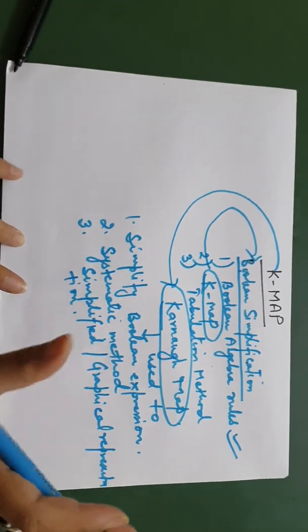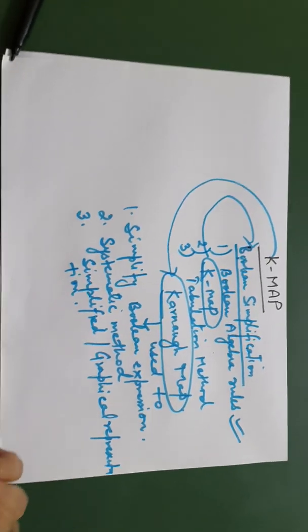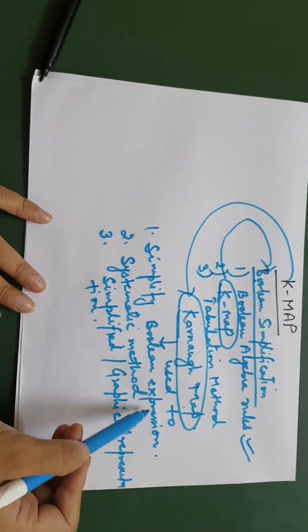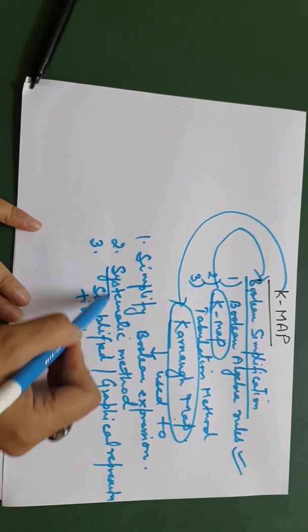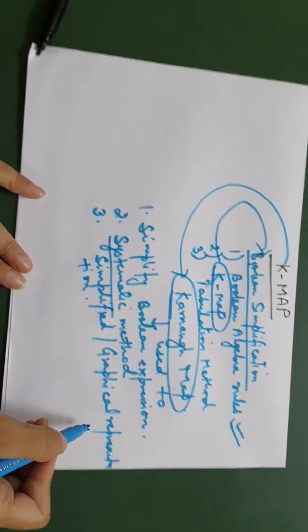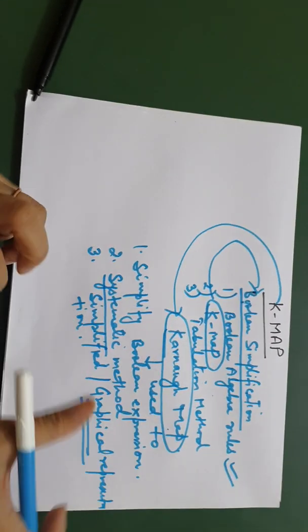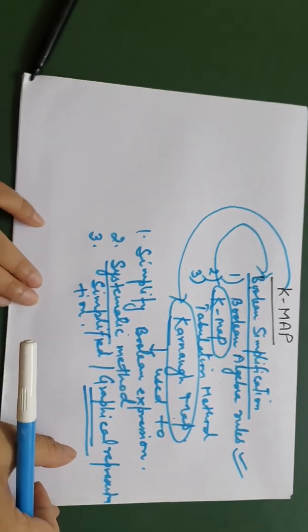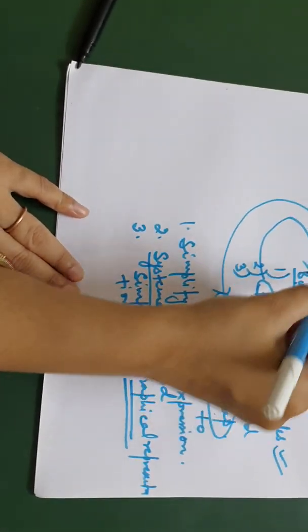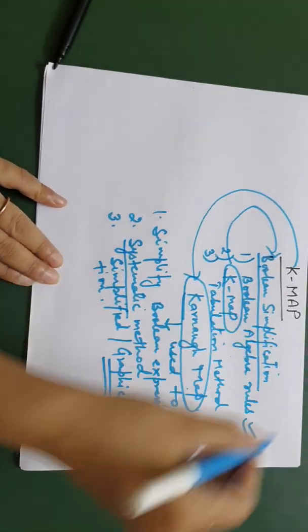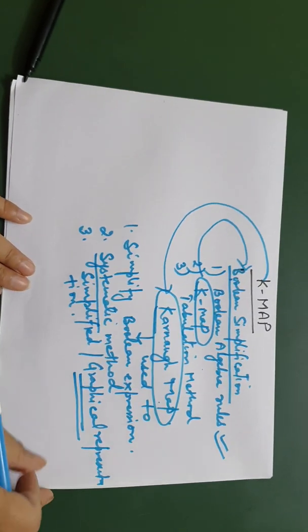So K map, known as the Karnaugh map, is used to simplify any Boolean expression. It is a systematic method, and it is represented graphically. I hope you are now able to write the definition of the K map easily.